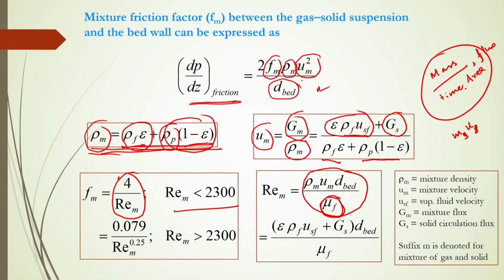So, in this case Fm is calculated here, and then from the Fanning equation you can obtain the frictional pressure drop.